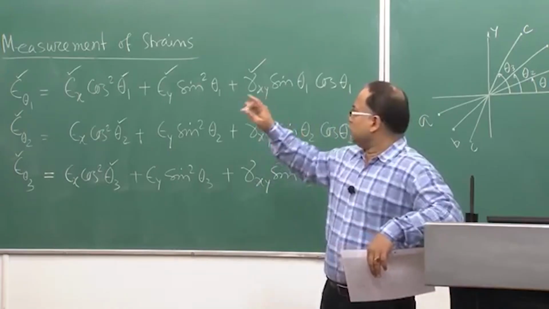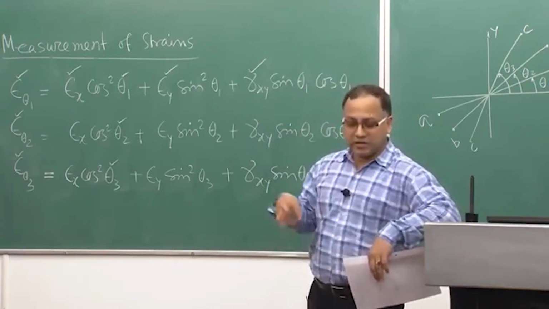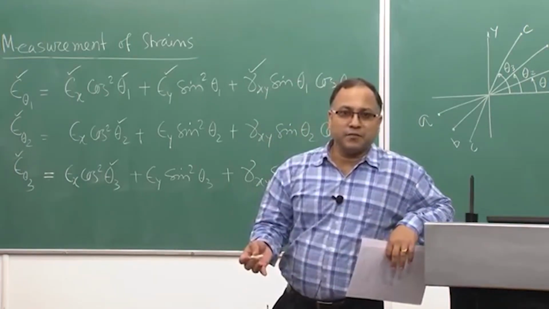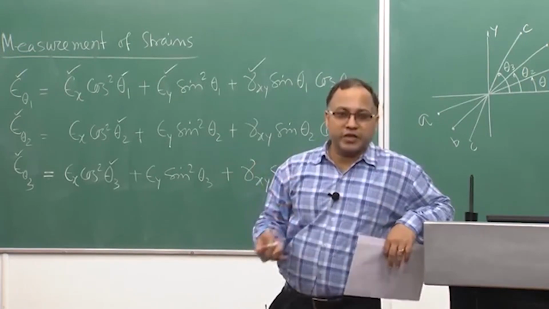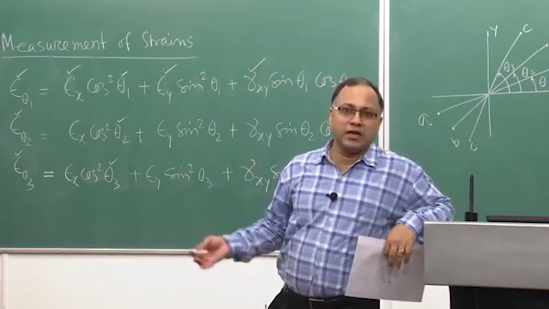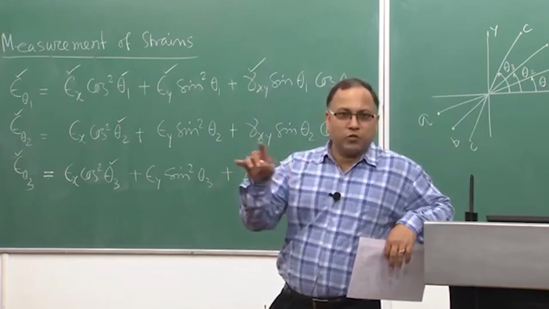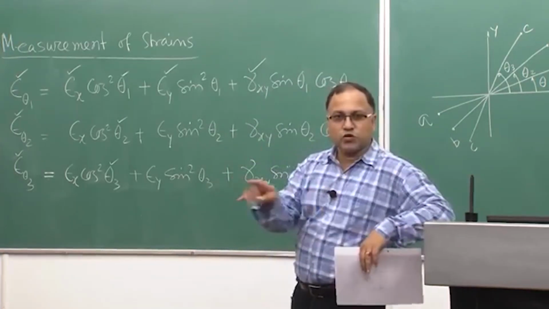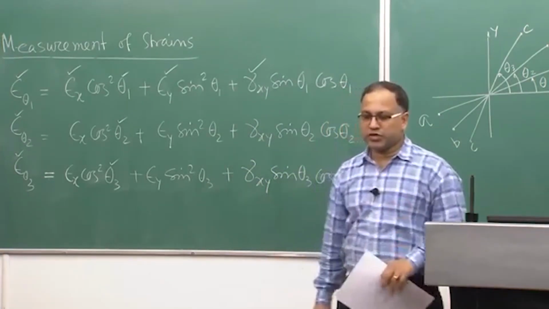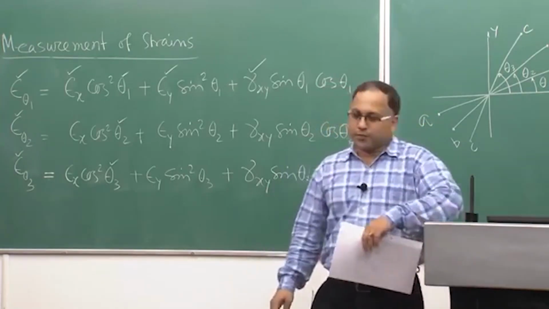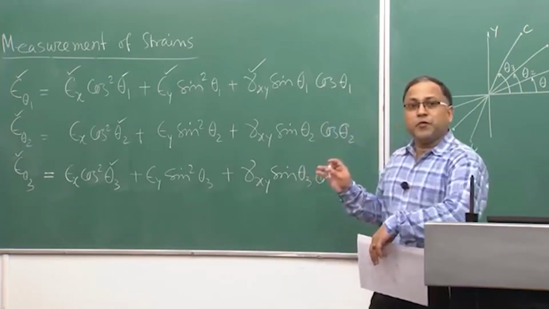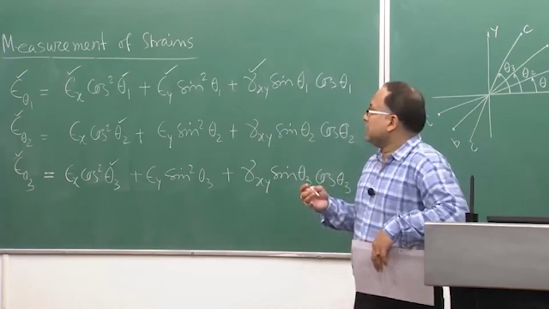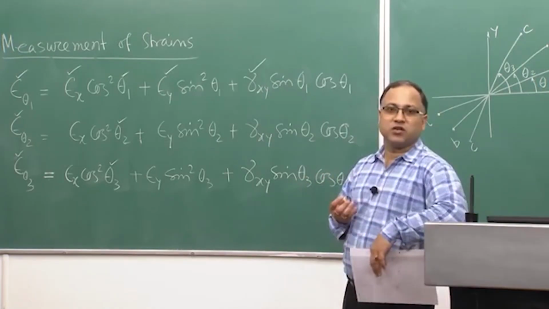And apart from that, once you know epsilon x, epsilon y and gamma xy, you establish some constitutive relation to get the stress components sigma x, sigma y and tau xy. That we will do later on, when we try to establish a relation between stress and strain. I hope you have understood the advantage of the strain rosette.